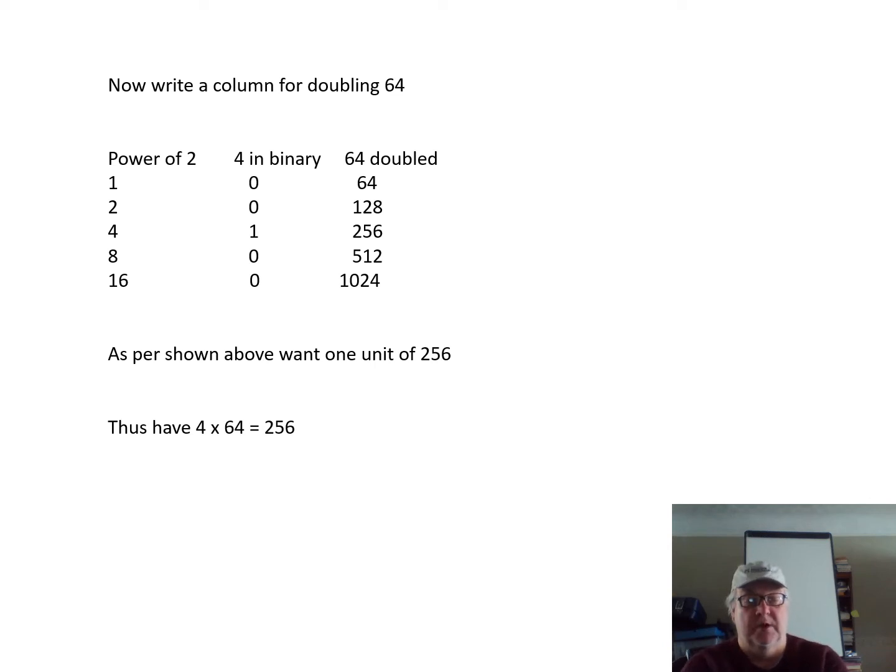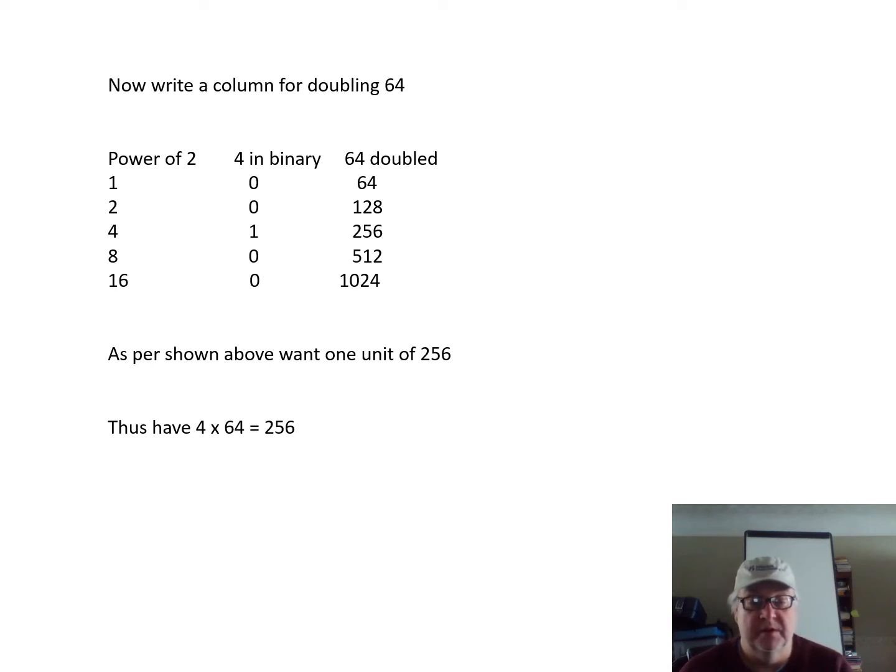And as shown above, you want to take 1 unit of 256. So 4 times 64 is you're taking 256 from those columns. You don't want any 64s, it's 0 times 64, 0 times 128, but you want 1 times 256.